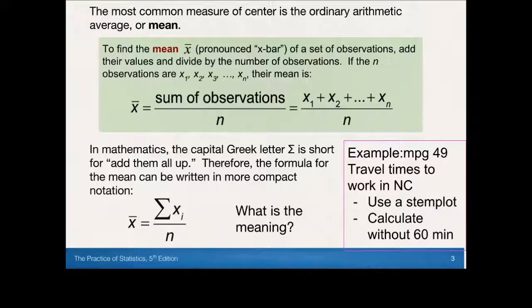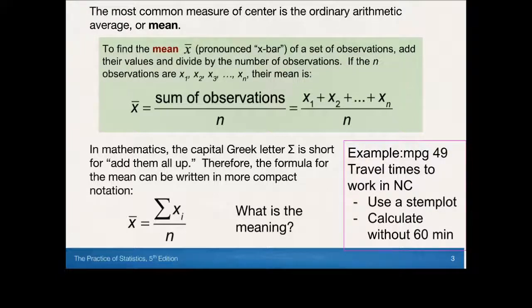We add those all up. We have 15 values, and then divide by 15. That was 337 divided by 15, so it comes out to 22.5 minutes. If we leave out the 60, notice what happens to the mean. Now the sum is 277, and we divide it by 14, but it drops the mean significantly, from 22.5 to 19.8.